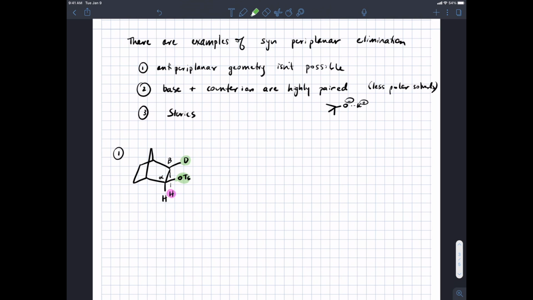And so even though the orbital interaction isn't quite as good, you can imagine that if a base removed this proton, electrons in this sigma bond could donate into the sigma star. The overlap wouldn't be great, but it would eventually work. Especially if the leaving group starts to depart, then what you have here is more and more like a p orbital and less like a sigma star.